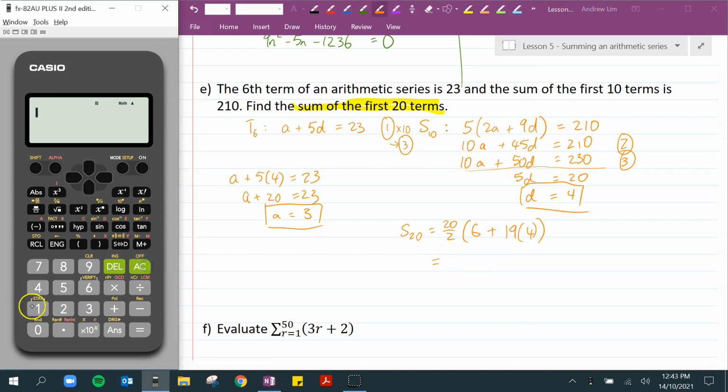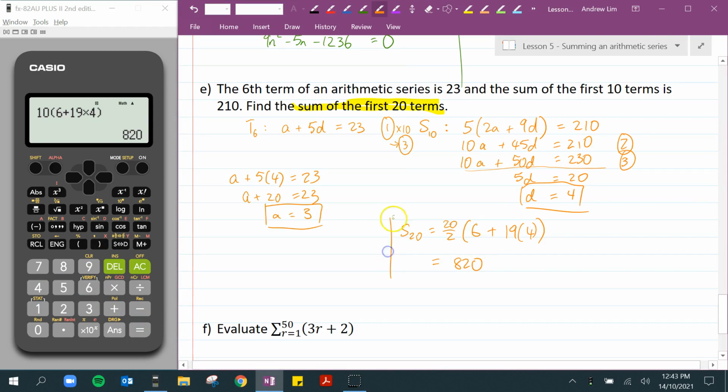So let's sub that in. 20 over 2 is 10, 6 plus 19 times 4, 820. So we can see here that the sum of the first 20 terms is 820.